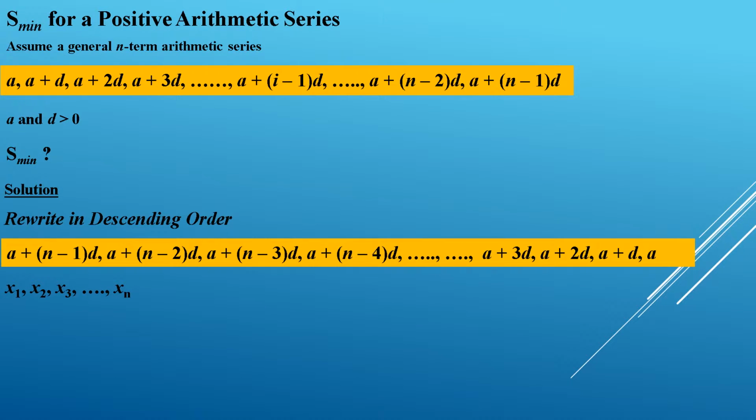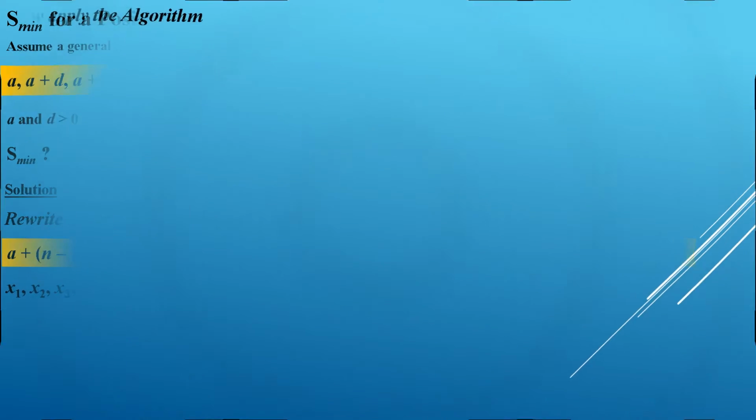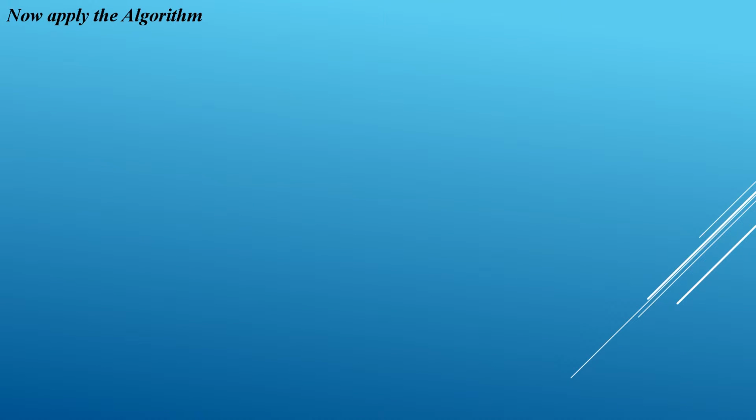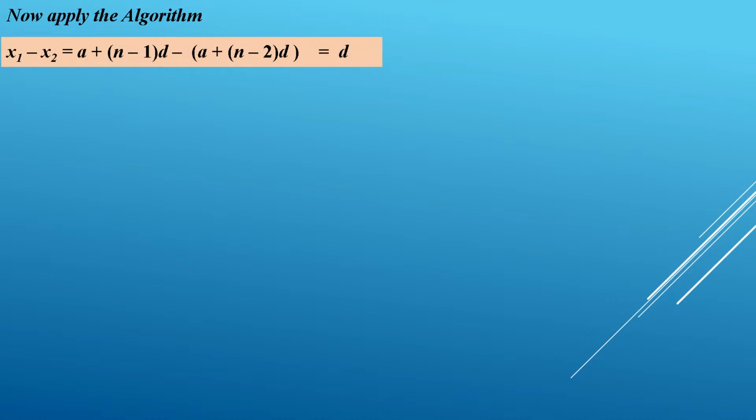This is simply like x1, x2, x3 to xn. x1 is the first term, x2 is the second term, and xn is the nth term, the same as we introduced. Now, applying the algorithm: after rewriting in descending order, the first term take away the second term.